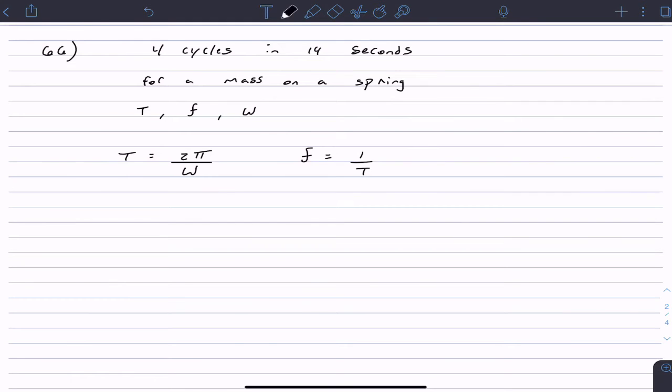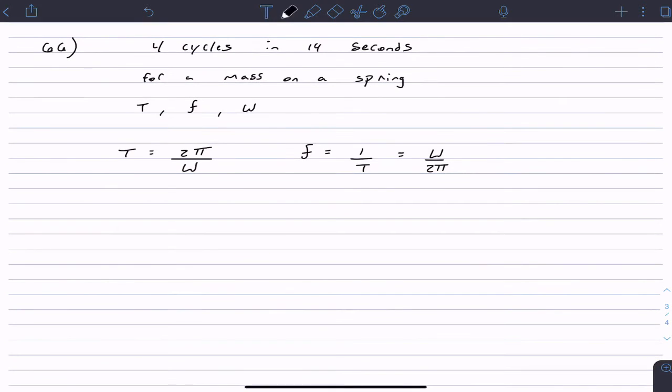And then also, I guess you could say that 1 over T is omega over 2 pi, right? So these are the basic relationships that we're working with. And so you're asked to find these things. It doesn't say necessarily in this order. You could find it in this order if you wanted to.